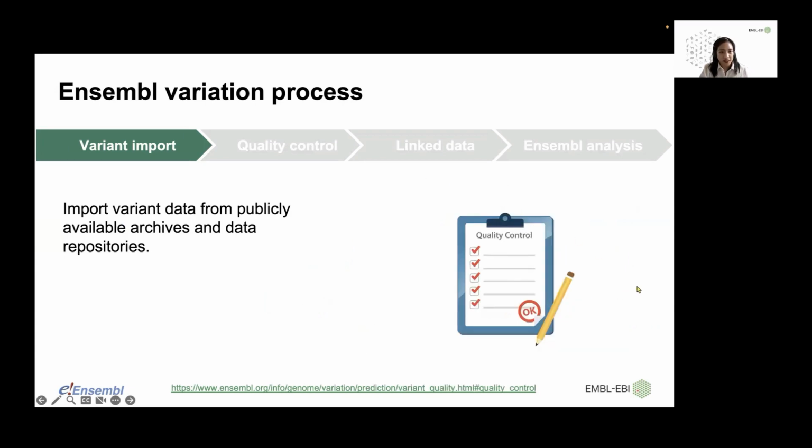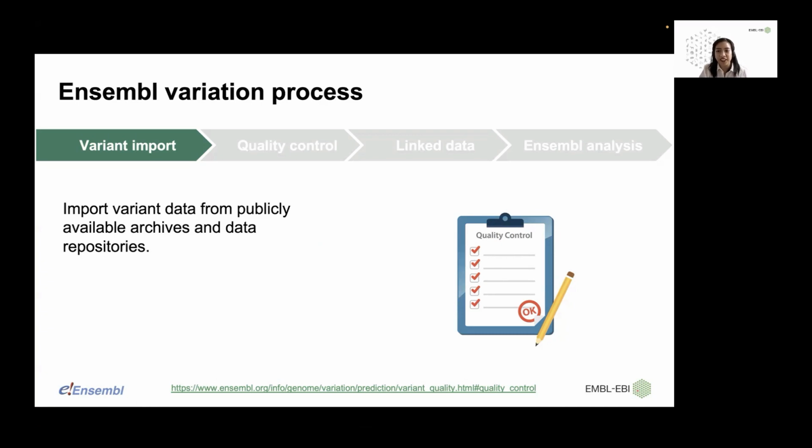In the second step, we apply our quality control measures to the data that we imported. Here we map the variants to a reference assembly. We compare the reported variants with the reference assembly, and we exclude any suspect variants.